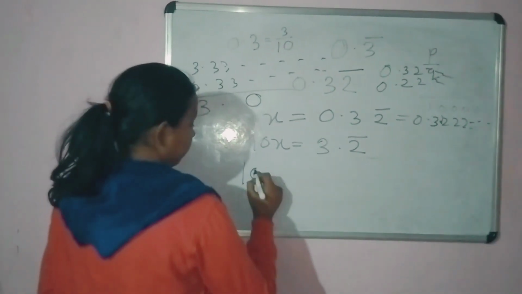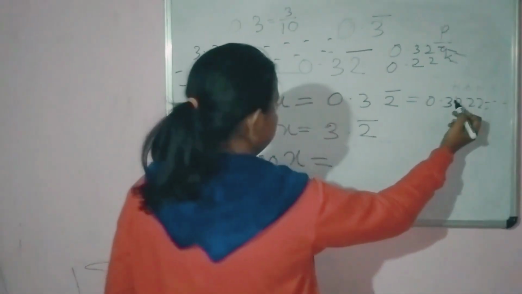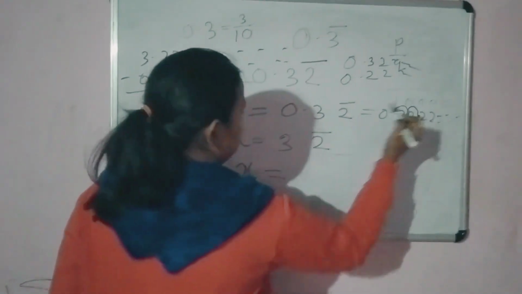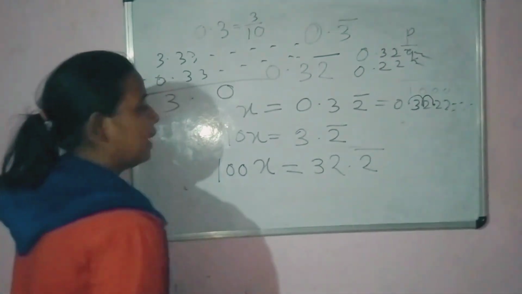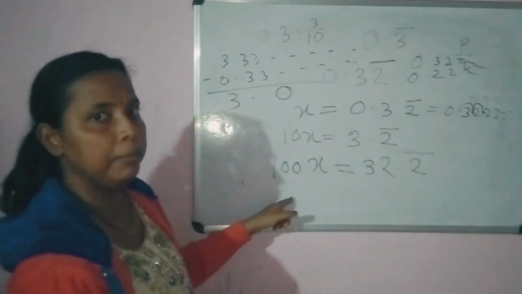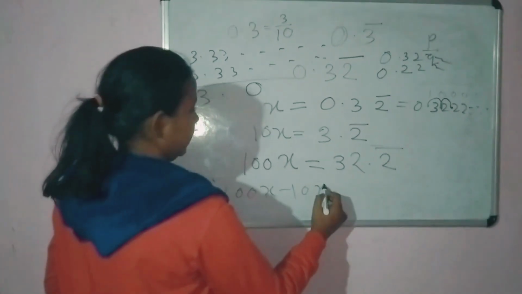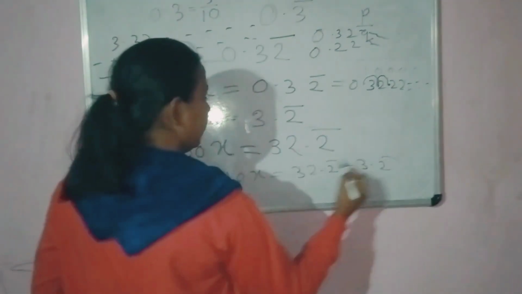So I will do another 100x. 100x means the decimal is shifted another place, so it will be 32.2 bar. Now these two can be subtracted easily. 100x minus 10x is 32.2 bar minus 3.2 bar.